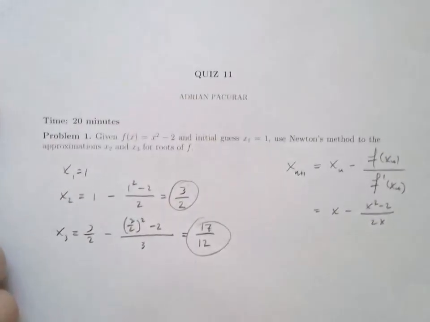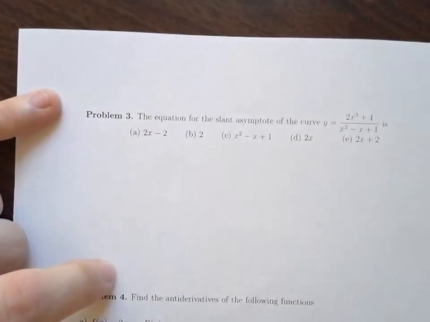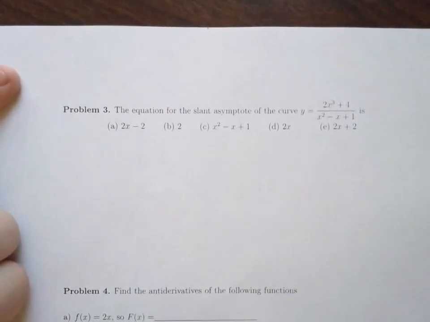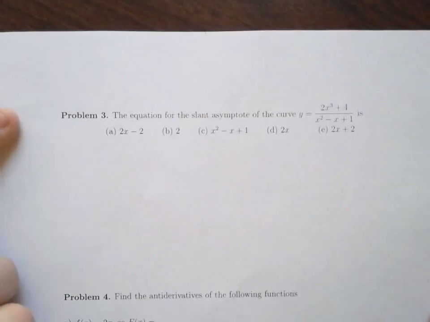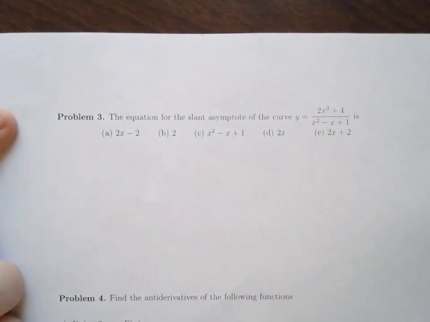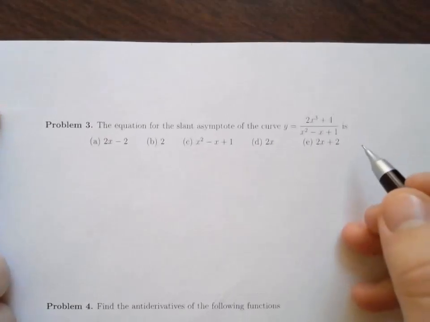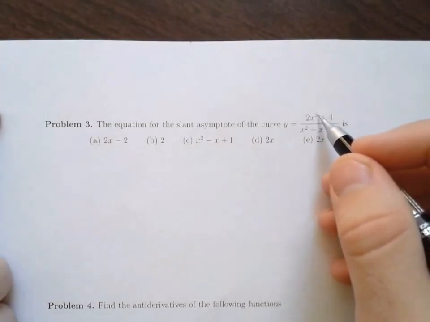Alright, let's look on the other side of the quiz. So now we have a rational function, and we want to figure out what the slant asymptote is. Notice that the degree of the top is 3, the degree of the bottom is 2, so we are going to have a slant asymptote.